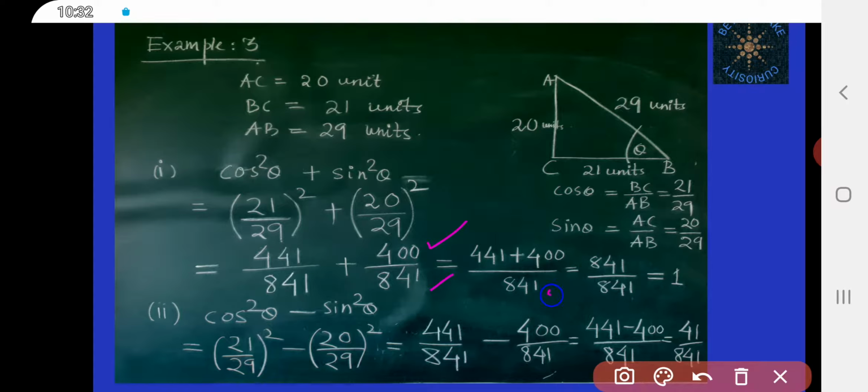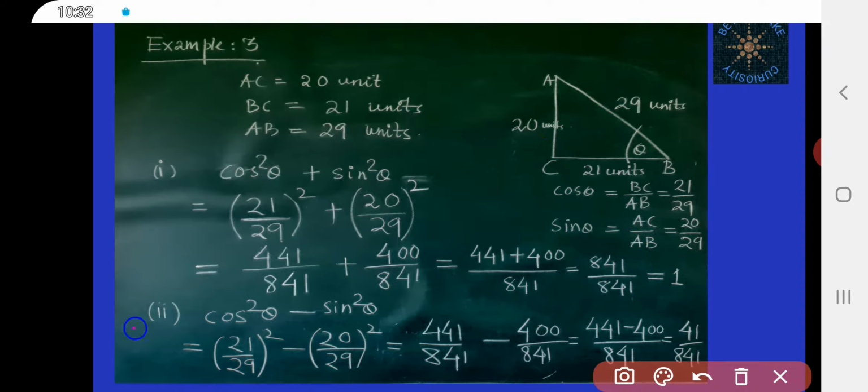Now take the LCM 841 and you add 441 plus 400 and then you get 841 by 841. You cancel them, you get 1. Okay. So cos square theta plus sin square theta is equal to 1.